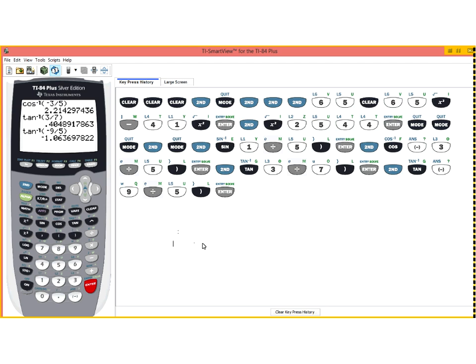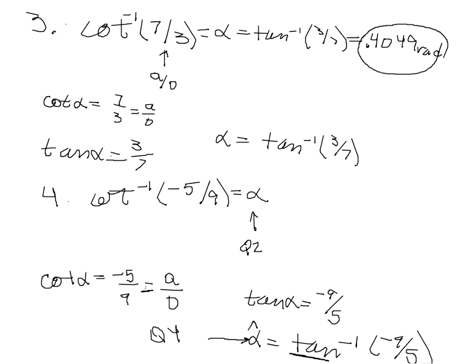Okay, this is a fourth quadrant angle. I want something in the second quadrant. So I'm going to take this and add pi, and I'll show you why in a minute. So I take it and add pi, and I get 2.0779. So my answer is 2.0779.